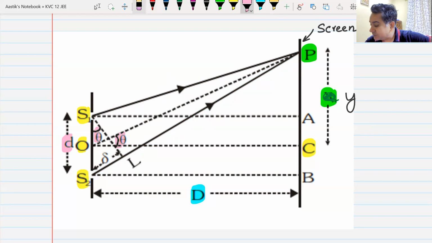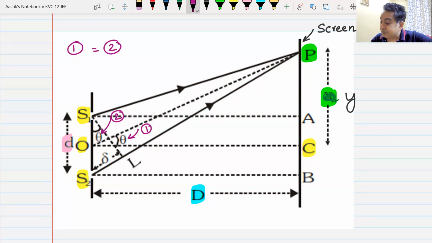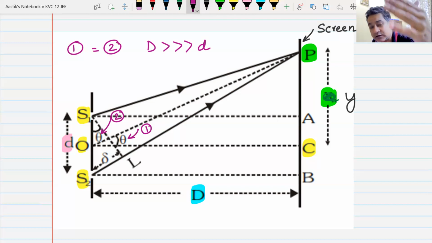If I call them the first angle and the second angle, angle 1 is equal to angle 2 because this distance D is very, very large compared to small d. Can you remember this, beta? Just remember this. These two angles are actually not the same. We are taking them the same because capital D, the screen, is very far compared to the distance between the slits.